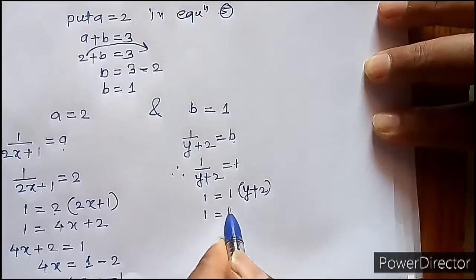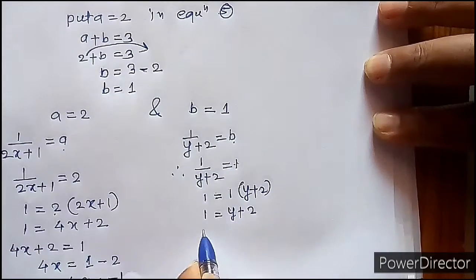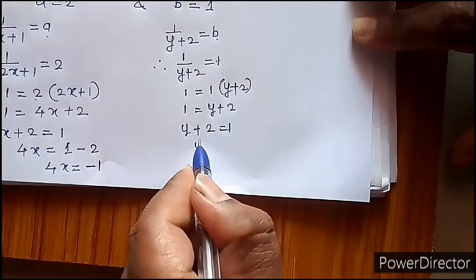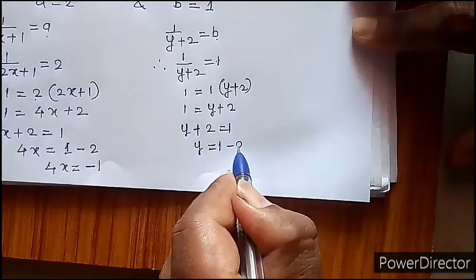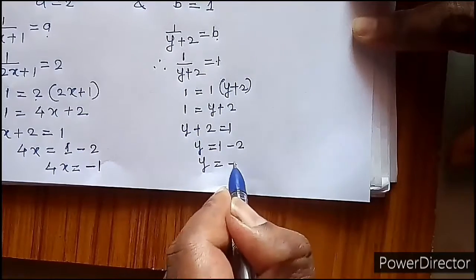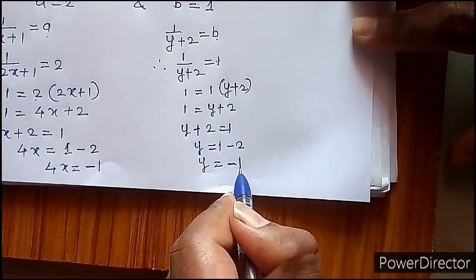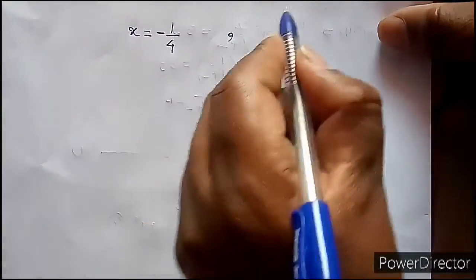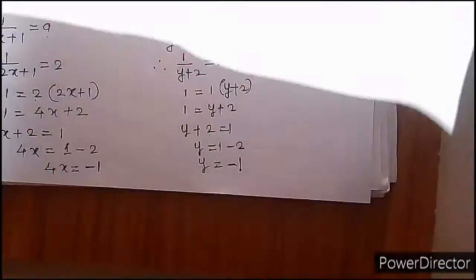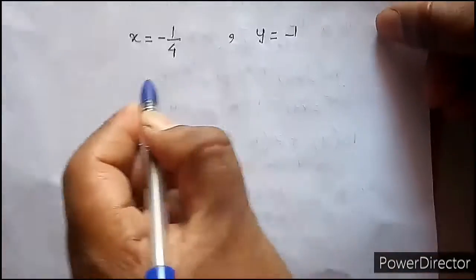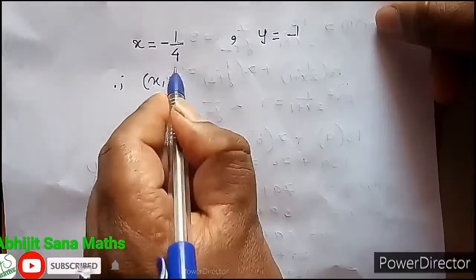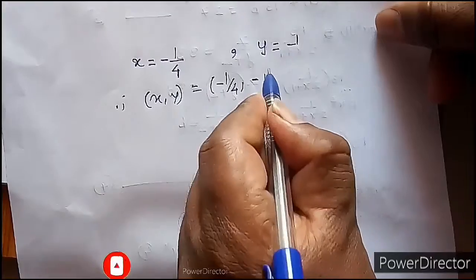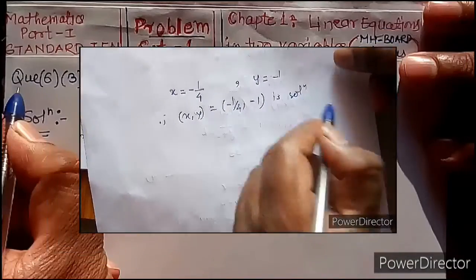Now here 1 equals y plus 2, therefore y plus 2 equals 1, and y equals 1 minus 2. Therefore y equals minus 1. We get the value of x equals minus 1 by 4 and the value of y equals minus 1. Therefore x comma y, that is minus 1 by 4 comma minus 1, is the solution.